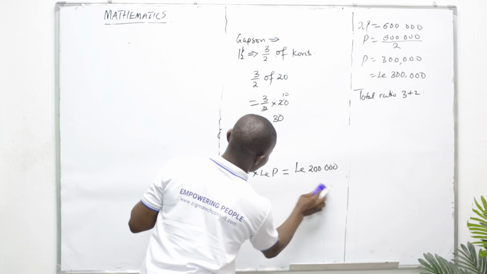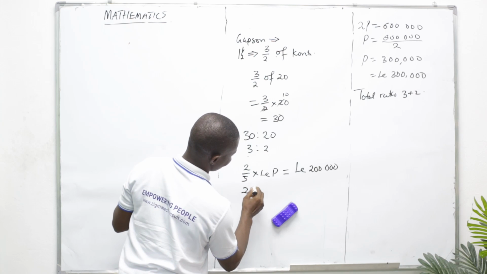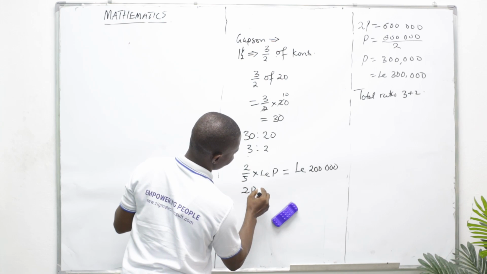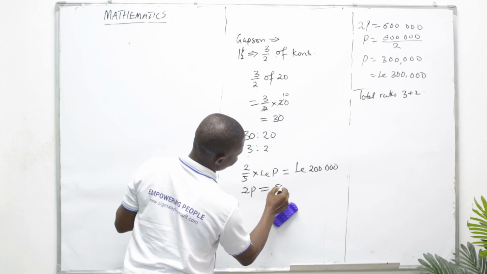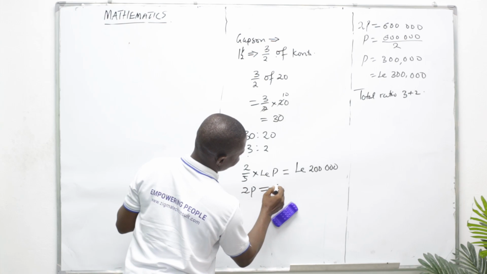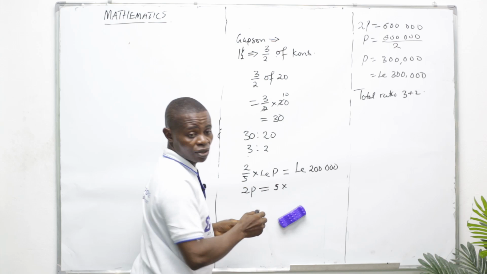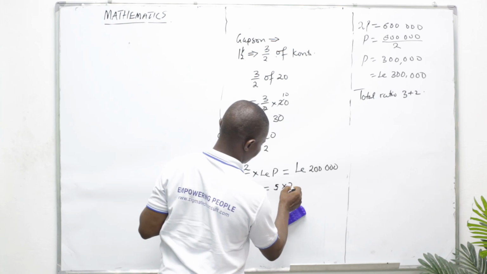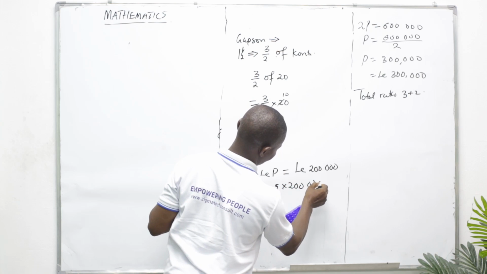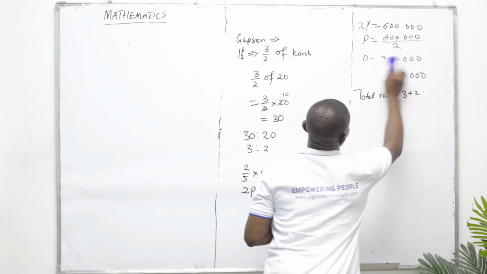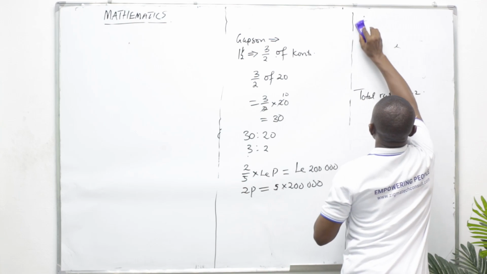So this is 2 over 5. 2p equals 5 times 200,000.